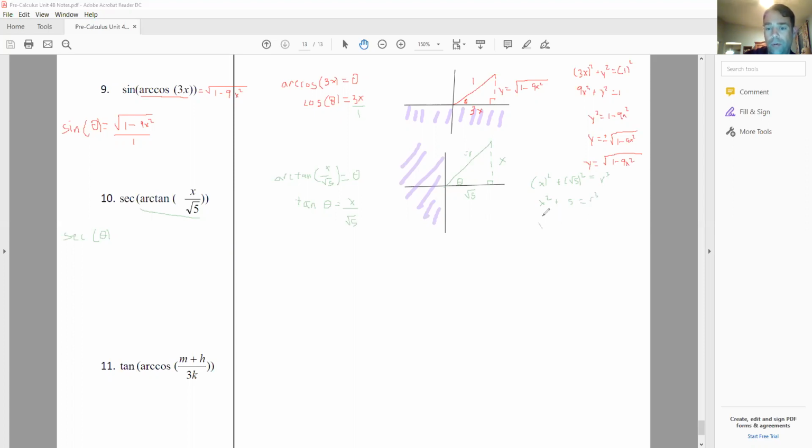And then we take our square root, so plus or minus the square root of x squared plus 5 equals r. And since it's my radius, it's always going to be the positive version, but I'm also in quadrant 1 too. So the square root of x squared plus 5 equals r. So that would be what I would throw up here, the square root of x squared plus 5.